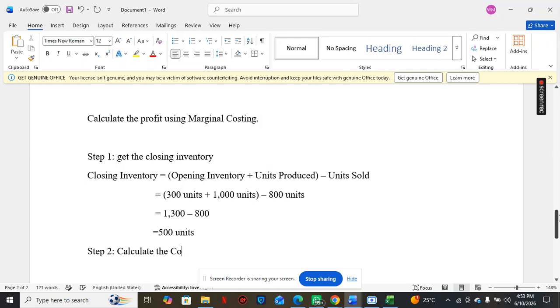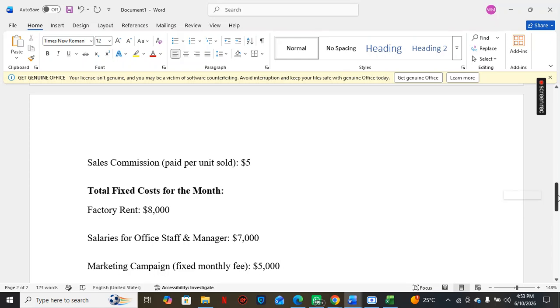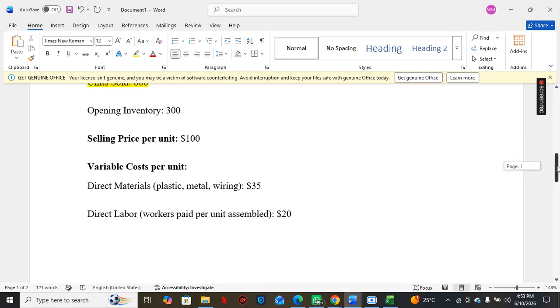Step two, calculate the cost per unit. Remember, in marginal costing, the variable production costs are the ones attached to the product. The fixed costs and the non-manufacturing costs are treated as period costs.